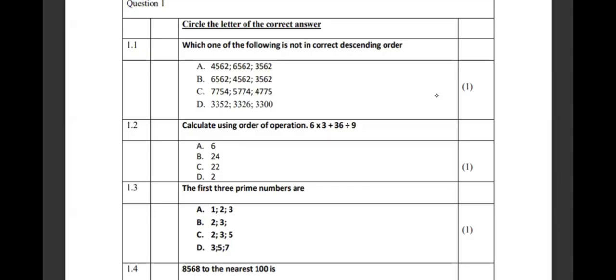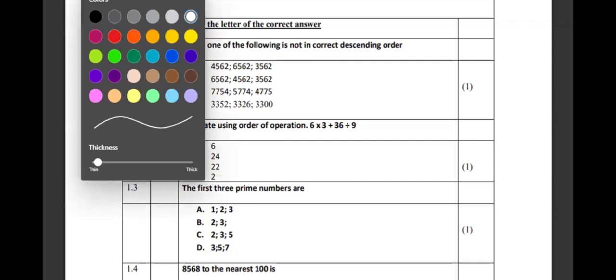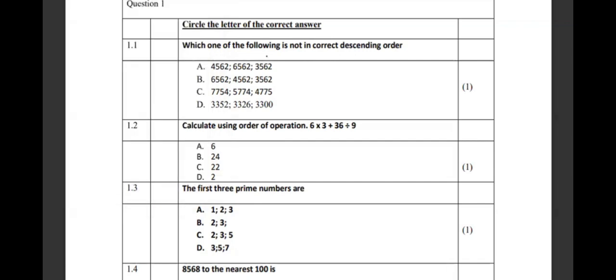So which of the following is not in the correct descending order? So grade 7s, we need to know that descending order simply means we are ranging from the biggest to the smallest. So if it's the biggest to the smallest, let's see. This is a 4, 5, 6, 2. 6, 5, 6, 2, 3, 5.